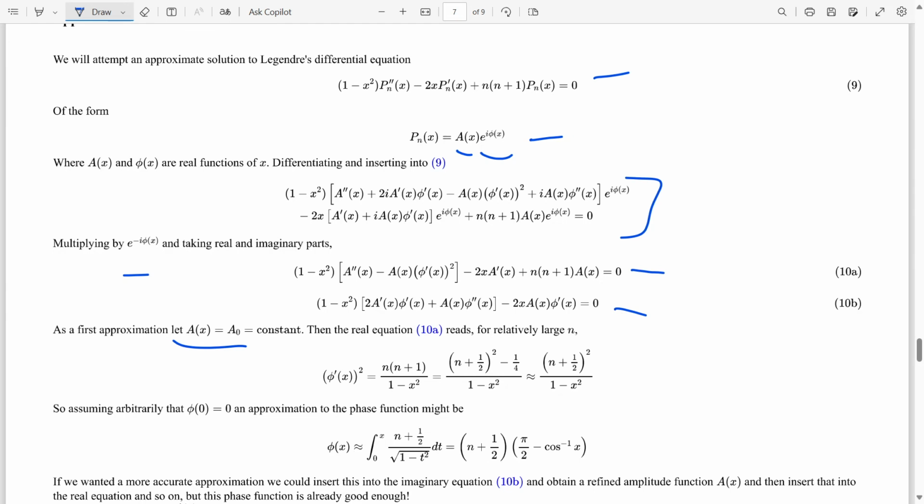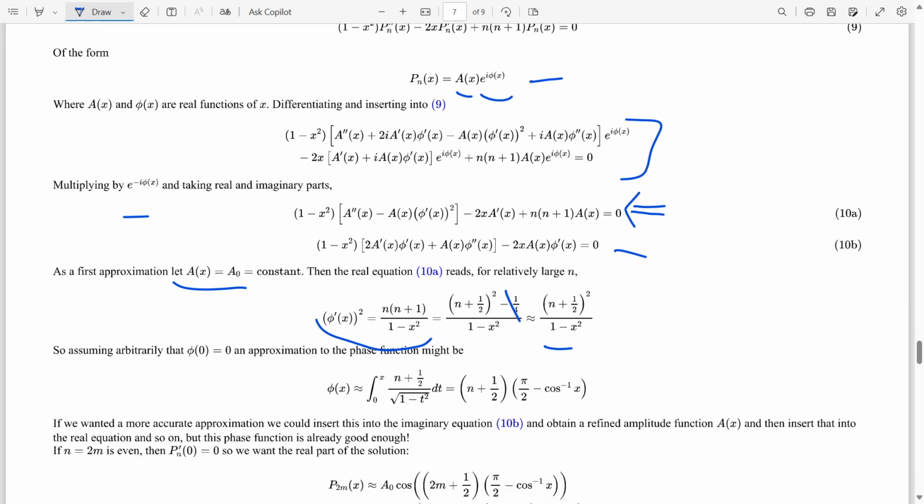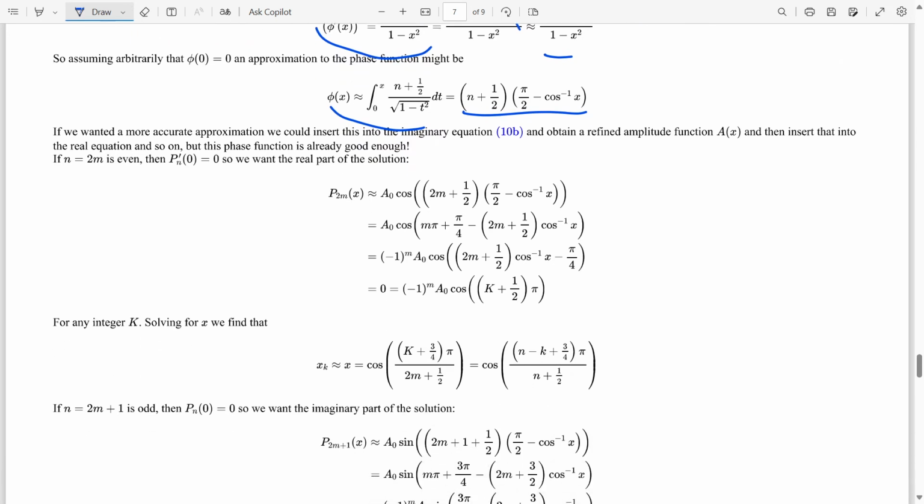Then the real equation up here simplifies down to just this, where we have completed the square now and forgotten about the minus 1/4 in the numerator, which is okay because we only want an approximation anyway. We can integrate that now to get phi of x is this. And note that our choice of constant of integration makes phi of x an odd function. We're going to need that later.